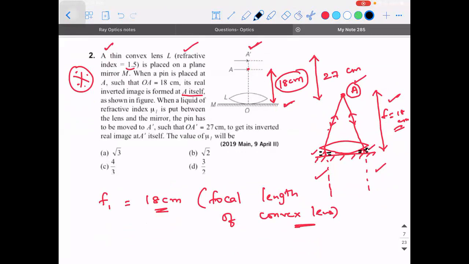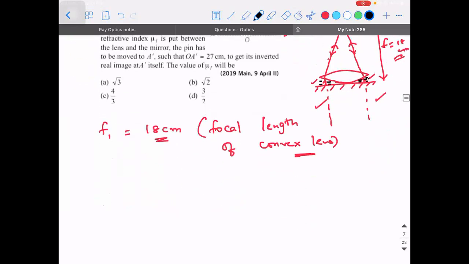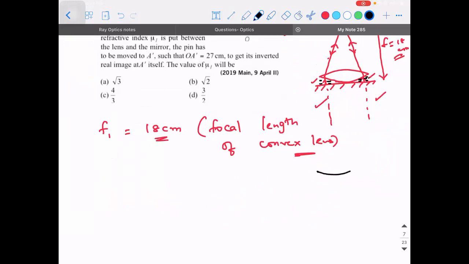Correct? So if in the previous case, without the liquid medium, it was the focal length of the convex lens, now with the liquid medium, that should be the focal length of whom? For you guys to visualize, when you pour the liquid, it is at the bottom.